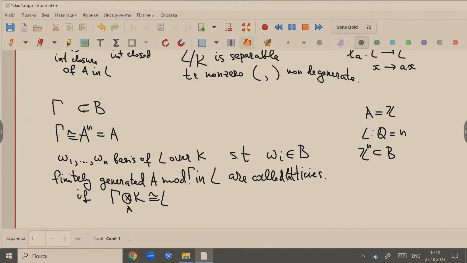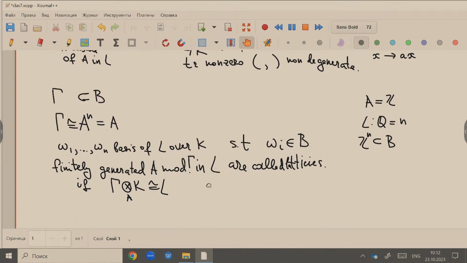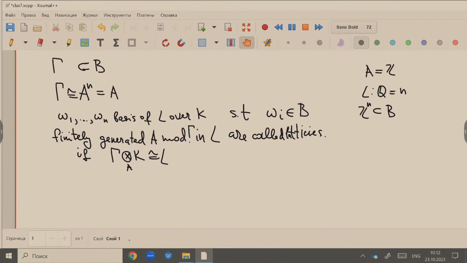But of course it can happen that, yeah, here you may notice a remark: if you are asked about such finitely generated modules gamma, what can be the type of these modules?